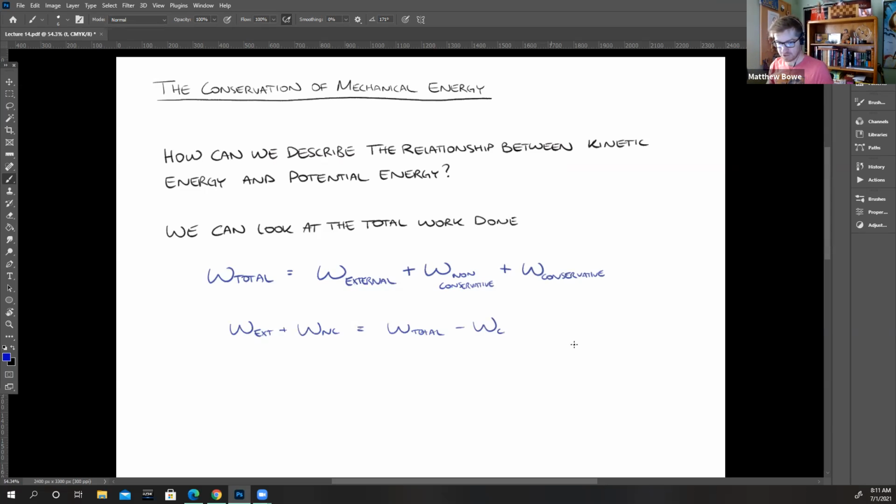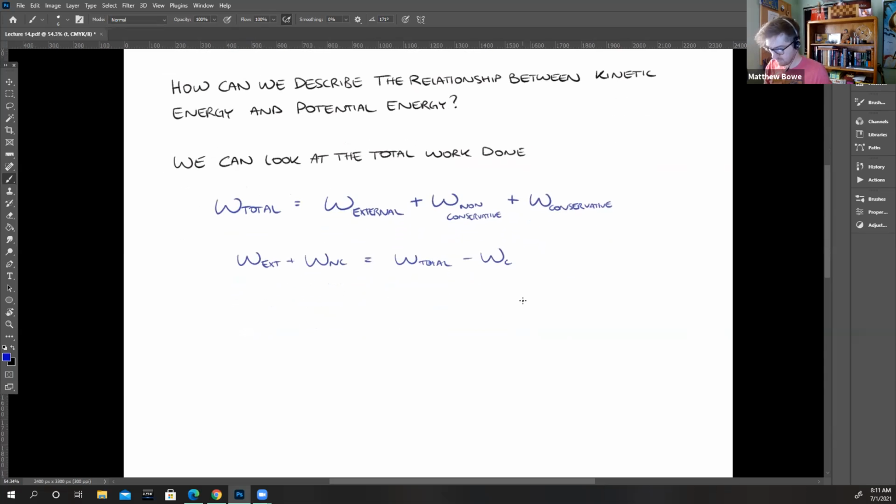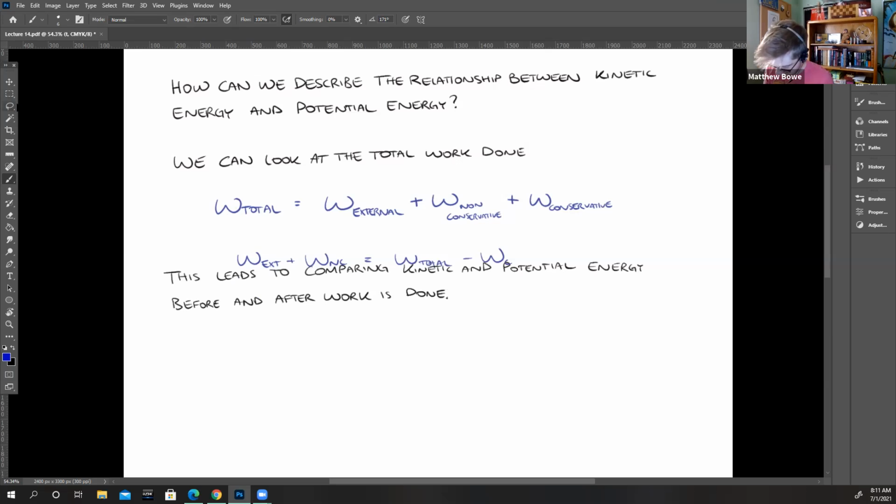Okay, right at the top of me talking about this, I said we have already learned that the equation for work shows us a relationship to kinetic energy.